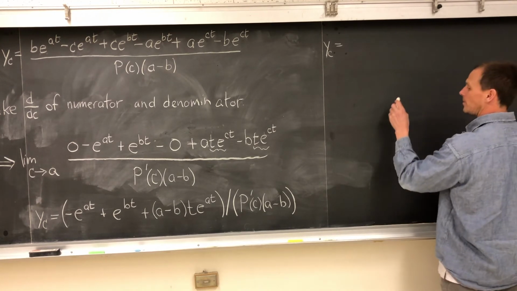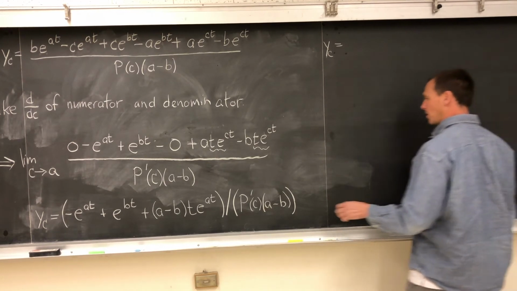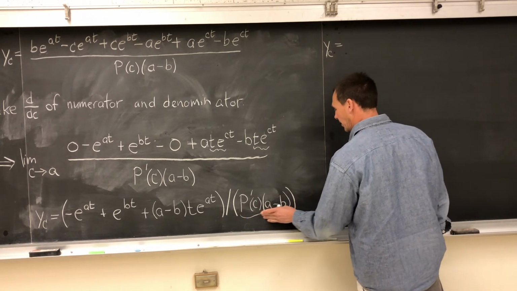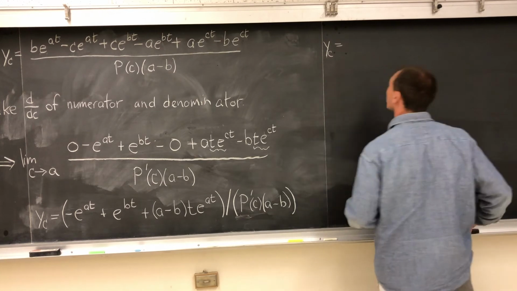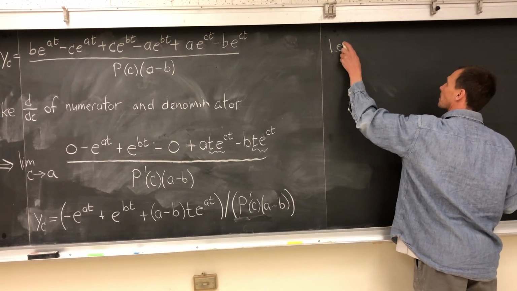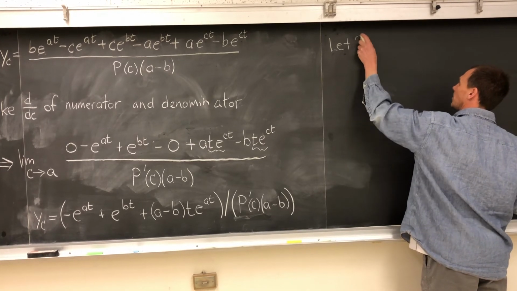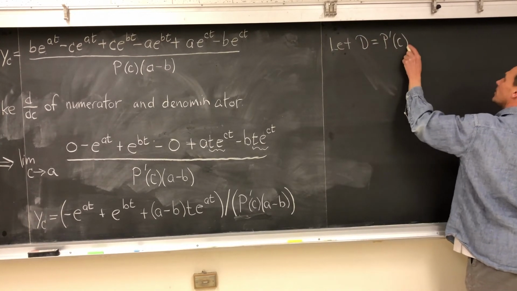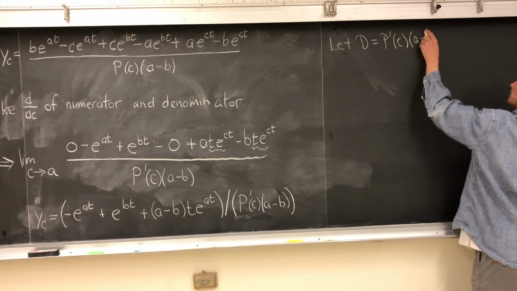Let me write that and be more correct. Let's let capital D equal P prime of C times A minus B.